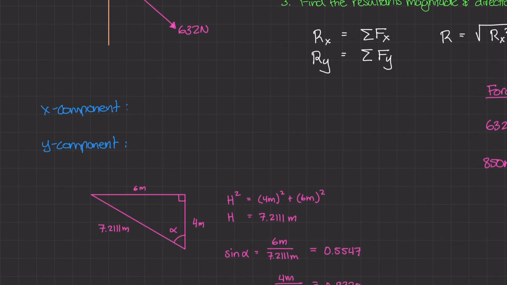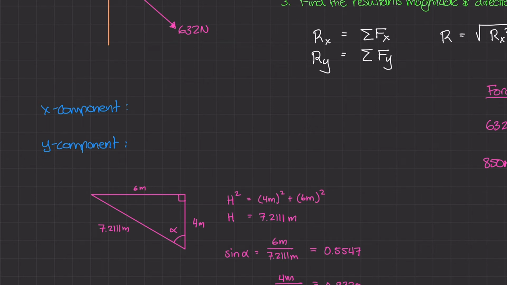Now for the x component, we can use our diagram, our triangle that we've drawn here, to figure out what the x component is. So I know that the x component is acting horizontally, so it's going to be to the left and to the right. So that is this side of the triangle here. Now, normally when we've been figuring out what our x component is, usually we've been using cosine.